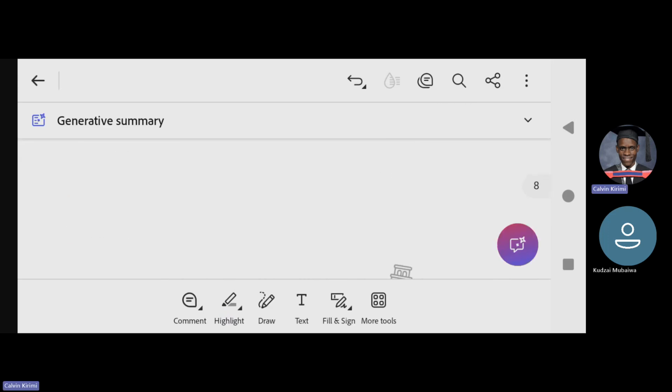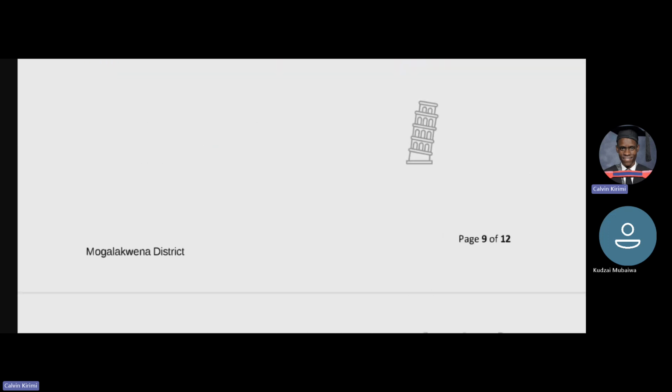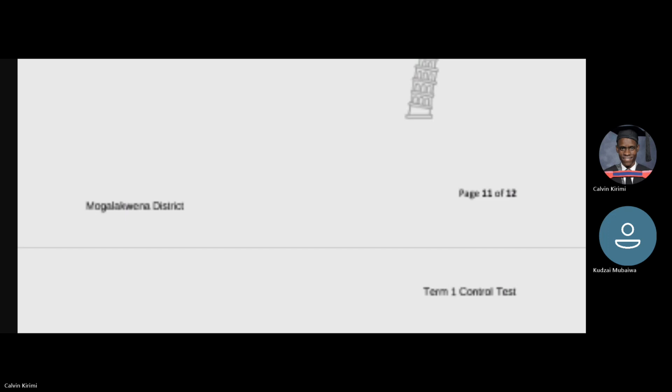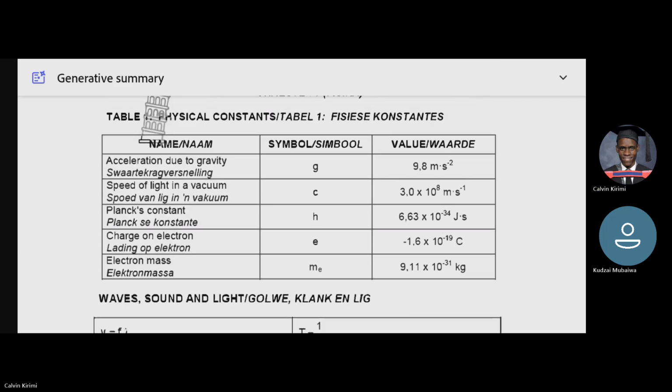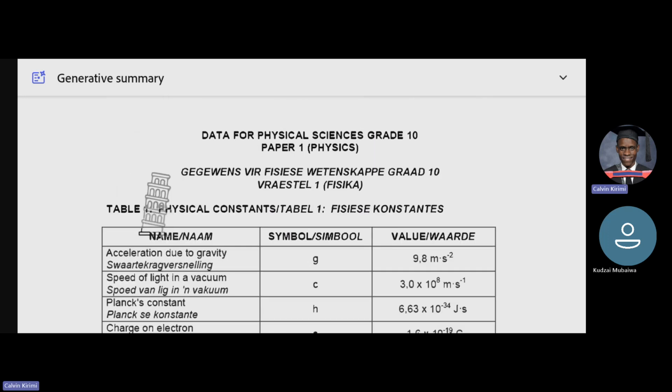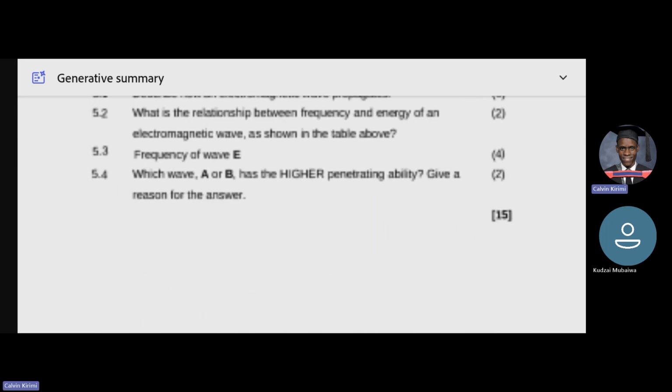When you're given a question paper, you check the summary sheet with the formulas. Can you see Planck's constant? Yes, there on the formula sheet at the back of the question paper. Planck's constant is 6.63 times 10 to the power negative 34. Then you write it down in the calculation.